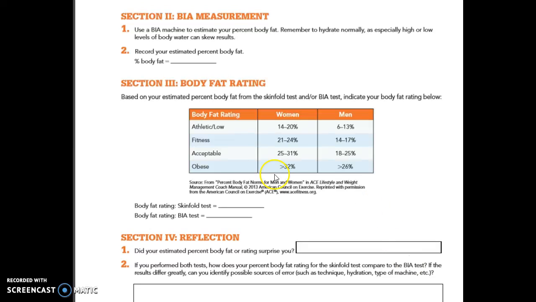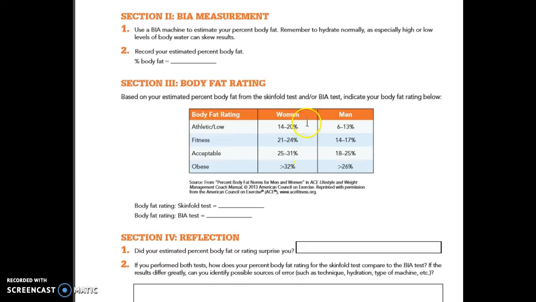If you are not athletic and you're not regularly exercising, being in this category can also include a risk. So that's why it says athletic slash low. Even most bodybuilders will not get into this low category until they are preparing for competition. So that's something that's really important.